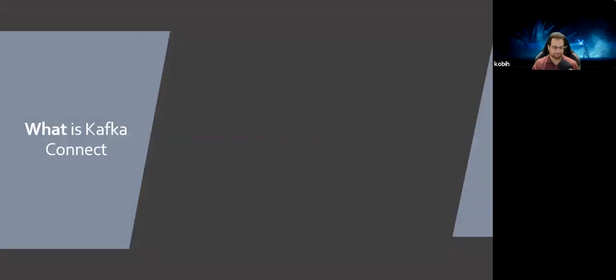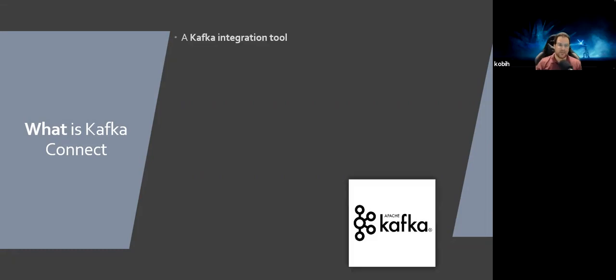Okay, so what is Kafka Connect? Basically, it's a Kafka integration tool. That's what we need to understand. It's a tool meant to be used in a domain where we are using Apache Kafka, whether it is a vanilla implementation, the Confluent implementation, or the Lenses implementation.